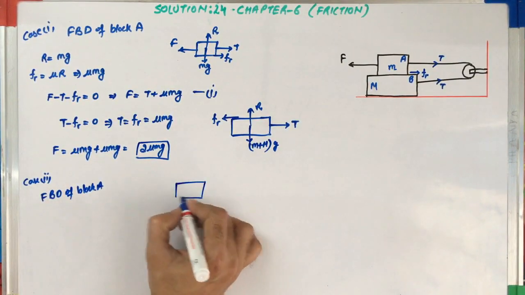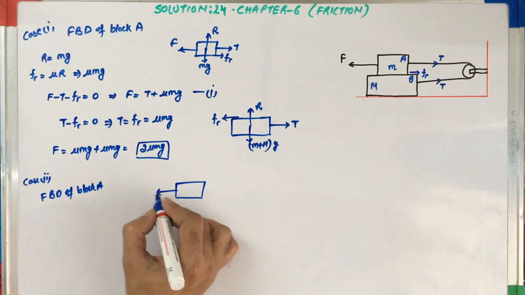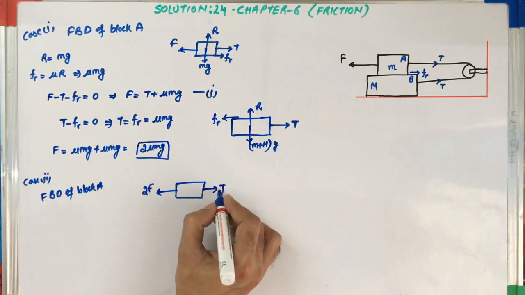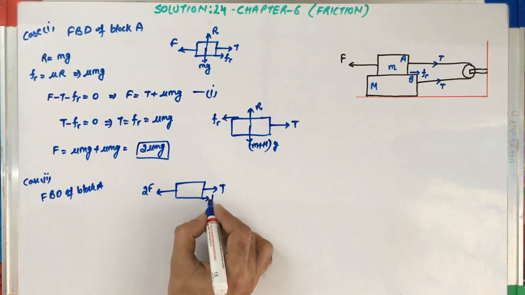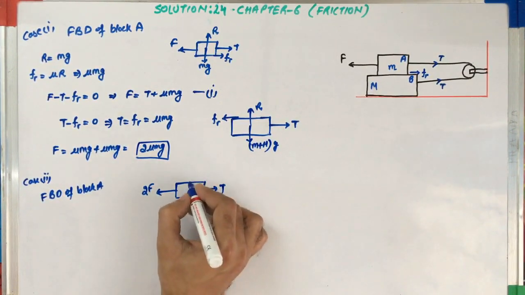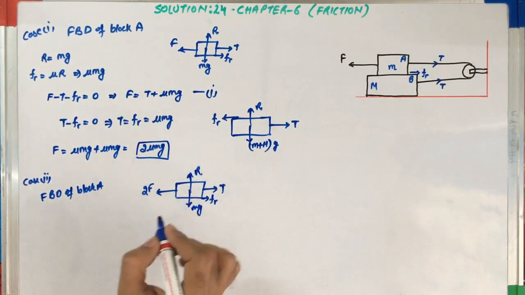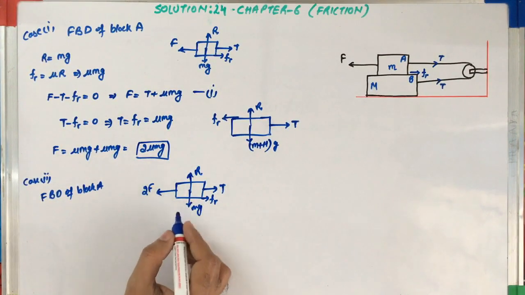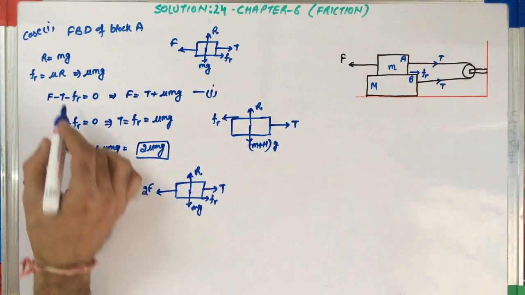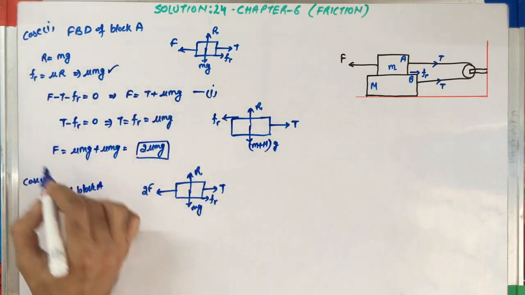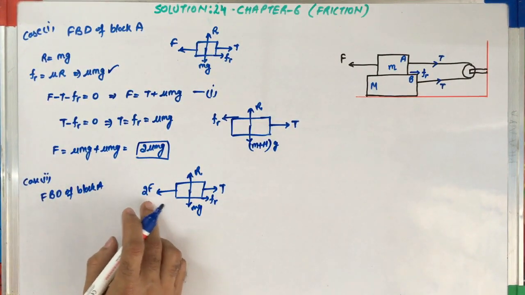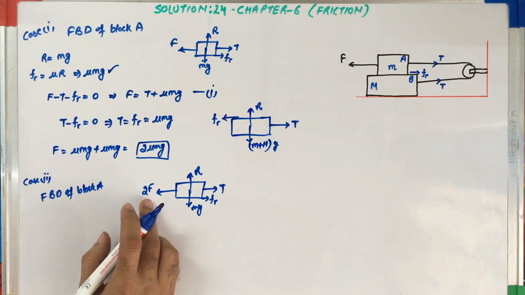This is the block. This time the force is twice. The tension T will remain the same. The frictional force Fr, the mg force downward, and the reaction force upward. This time the vertical forces will remain the same, so the value of Fr will remain the same as mu times mg. The only change is in the horizontal forces, where the force is now twice F.